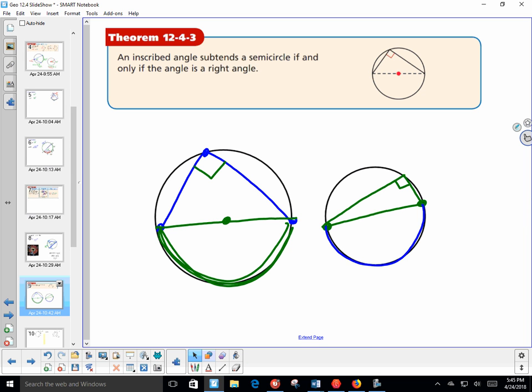So semicircles and inscribed right angles are related to each other in that way. So an inscribed angle subtends a semicircle if and only if the angle is a right angle.